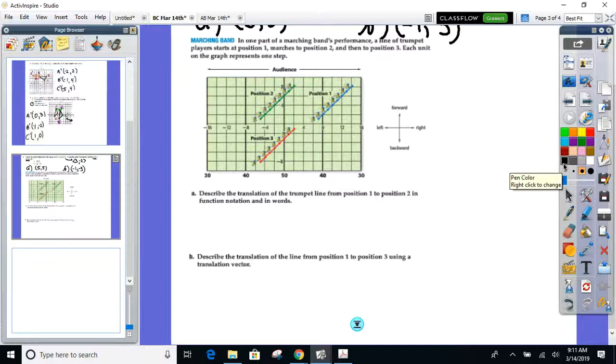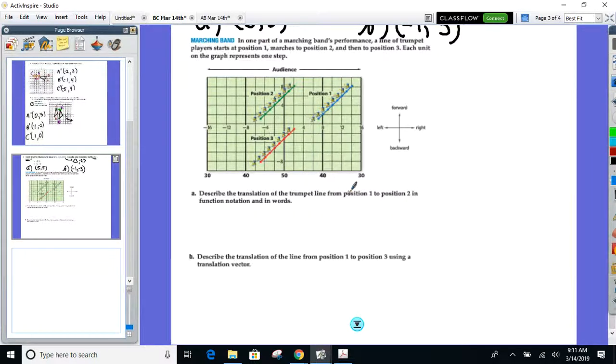So as I go from position 1 to position 2, where did I go? Okay, don't yell anything out, just take a look. Also, I'm going to warn you, some people aren't even realizing it. Look at your X axis and Y axis. I'm not going by ones. I'm going by twos. So every unit is 2 units, not 1.